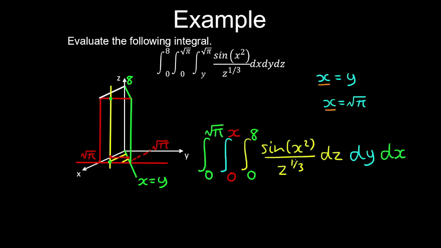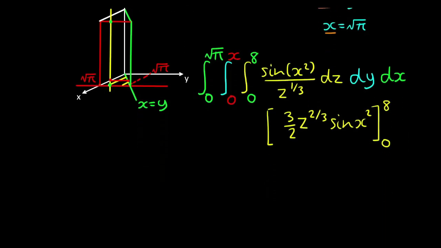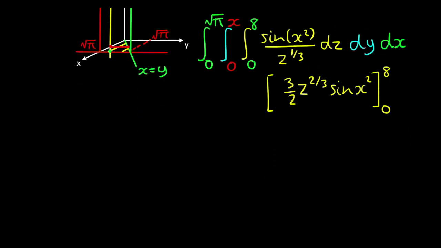So the integral of z to the minus a third over z gives z to the 2/3 on 2/3, so we have 3 on 2. And that's multiplied by sine x squared, evaluated at z equals 0 and z equals 8. So cube root 8 is 2, squared is 4. And 3 by 4 is 12, on 2 is 6.